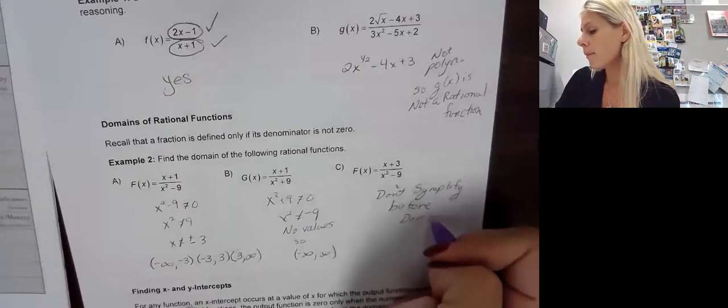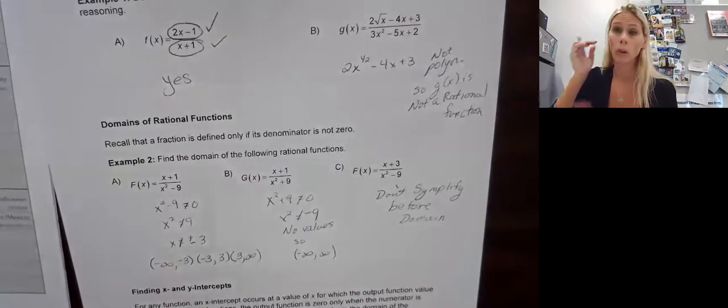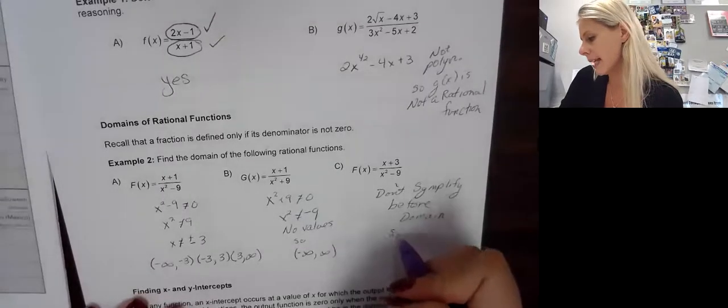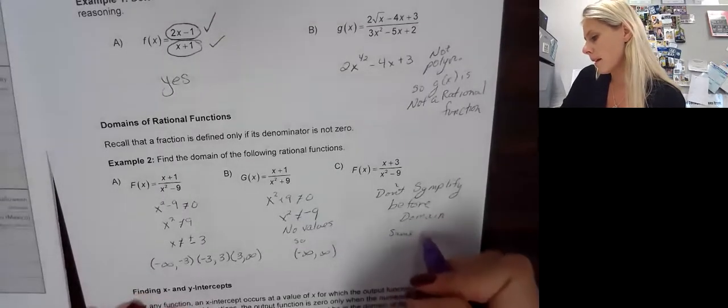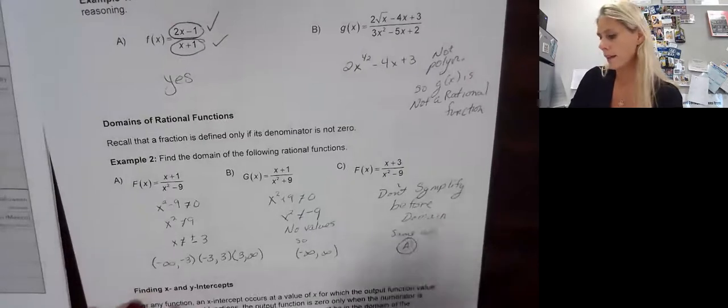If you simplify before domain, you might miss a value because of a hole, and we'll explain that later, okay? So this turns out to be the same as A. Okay, same thing.